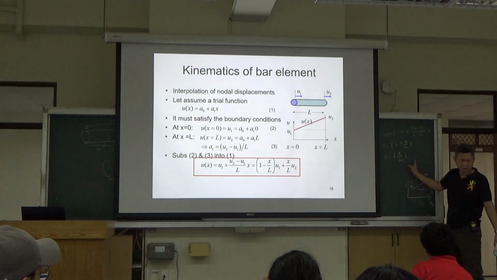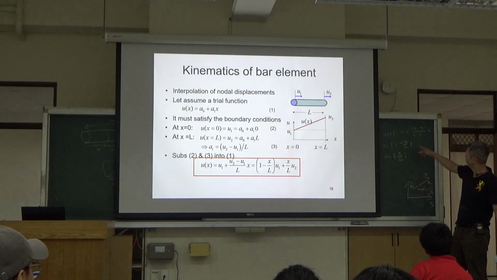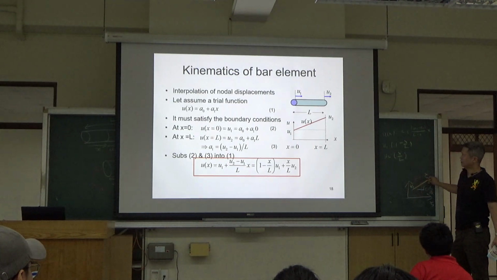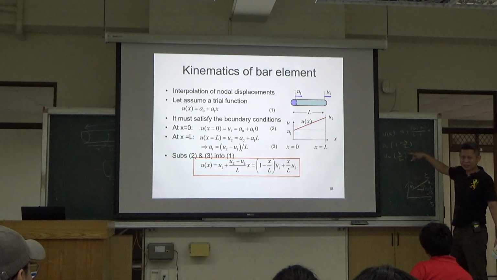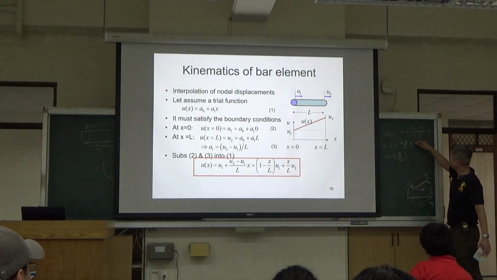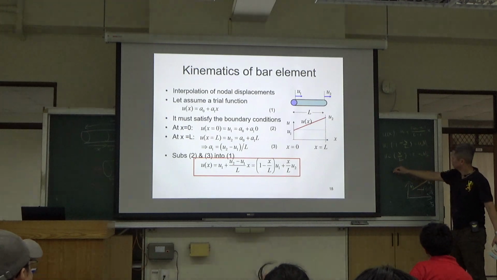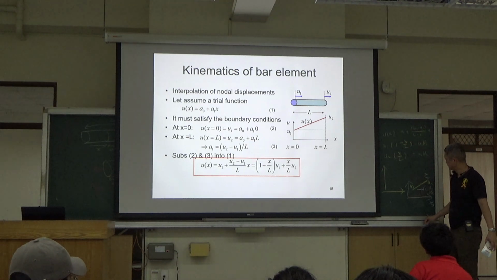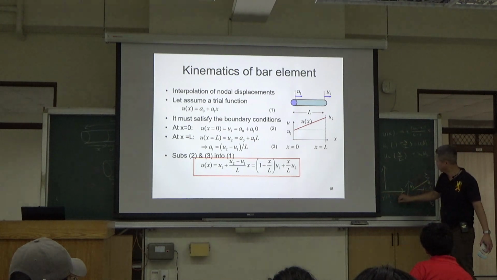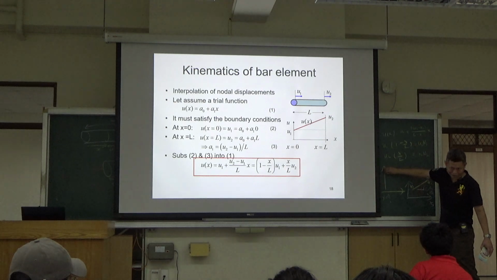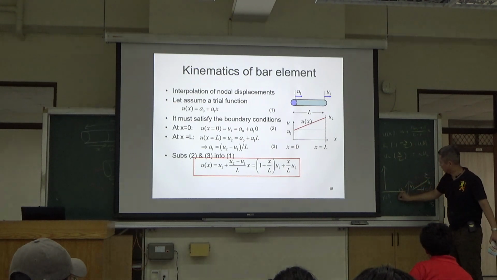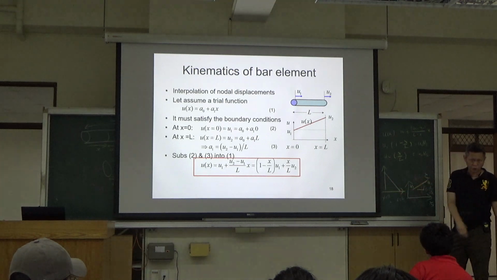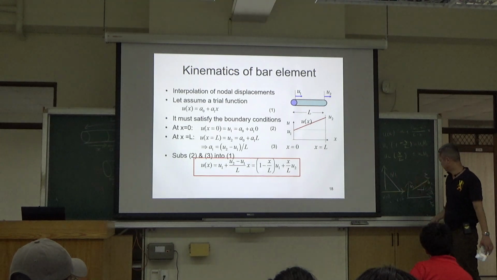So do you see here? So now, this is the linear curve I have physically. But I can re-express them as what you call U1 shape function 1 and U2 shape function 2. So what's the feature of this shape function? For U1, at x equal to 0, it is 1. At x equal to L, it becomes 0. So this is your N1 shape function.